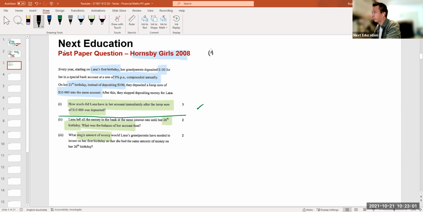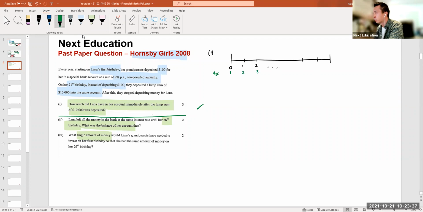When we focus on part 1, we need to develop this diagram again, but this diagram is a little bit different. The first payment occurs on her first birthday. I'm still going to use 0, 1, 2 and so on, but in green, this is her age. She's 1 here, 2 here, 3 here.